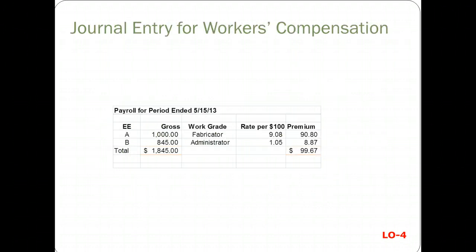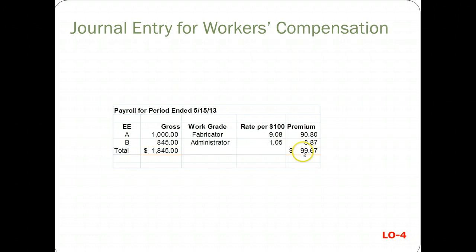The journal entry to record this would be, so for instance, this is rate per $100. So this 1,000 divided by 100 is 10. So 10 times $9.08 is $90.80. 845 divided by 100 is 8.45 times $1.05 is $8.87.